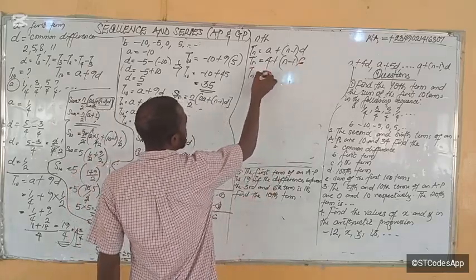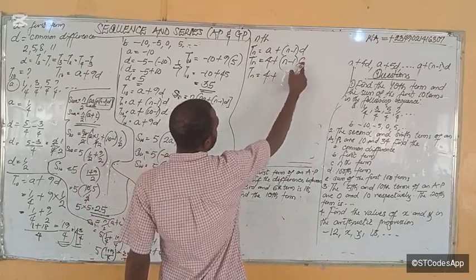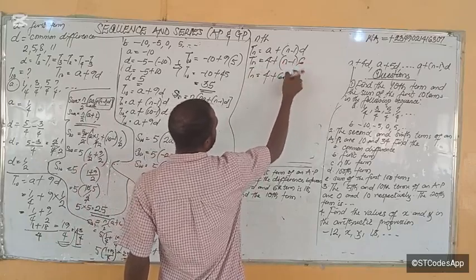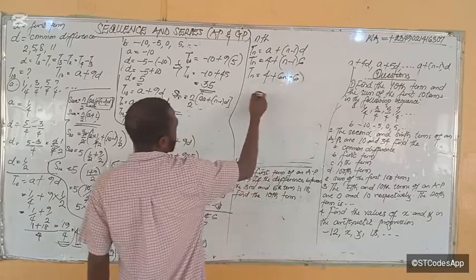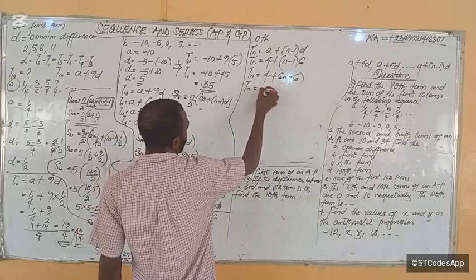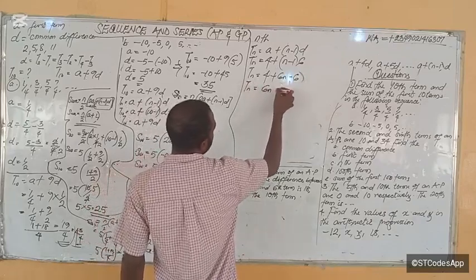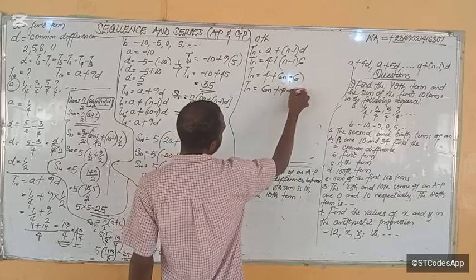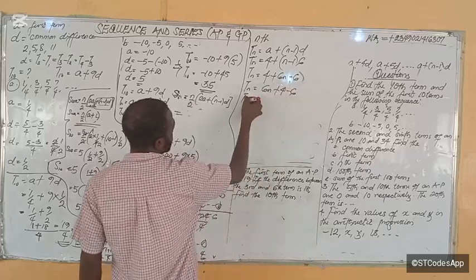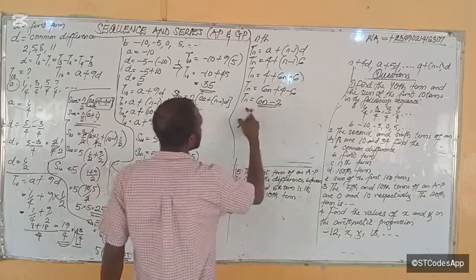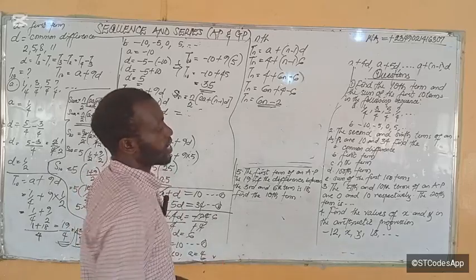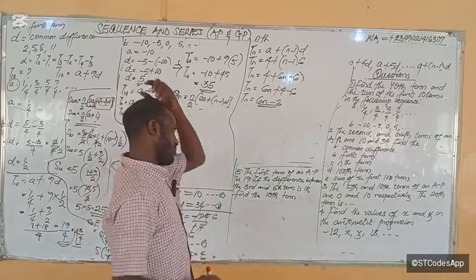So Tn therefore becomes 4 plus 6 times n, 6n minus 6 times 1, 6. I opened that bracket. Then we have Tn equal to 6n plus 4 minus 6. I just rearranged so that Tn becomes 6n minus 2. So this is the nth term. Is that clear?